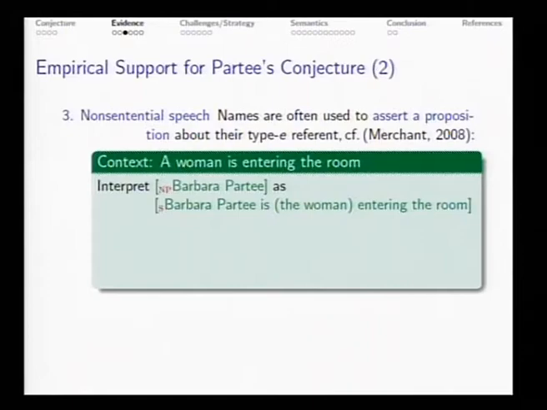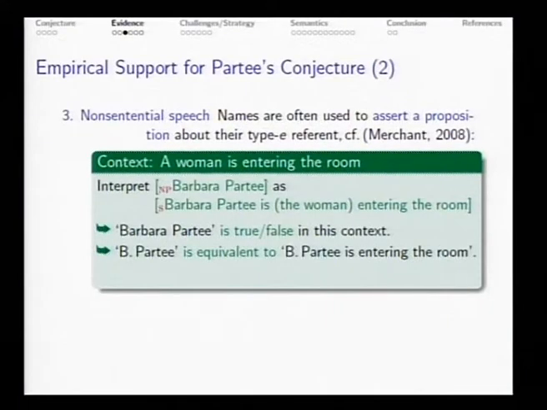And in virtue of this sentence type interpretation of the name in this context, we can evaluate the truth or falsity of my utterance of the name Barbara Partee in this context. In particular, we can say that Barbara Partee is here true if the woman entering the room is in fact Barbara Partee, and it's false otherwise.